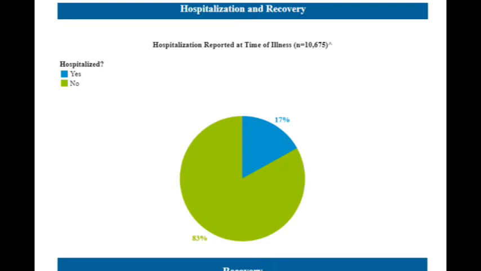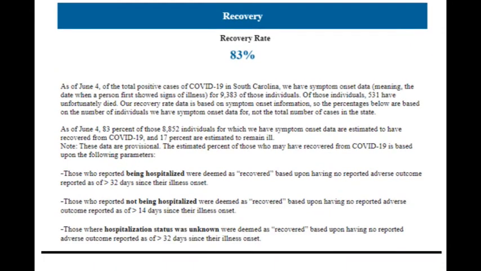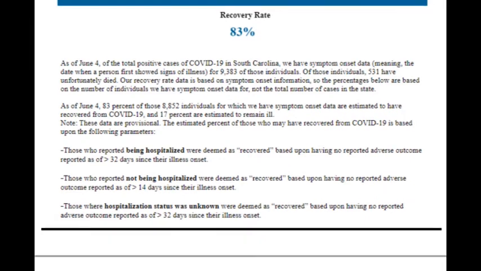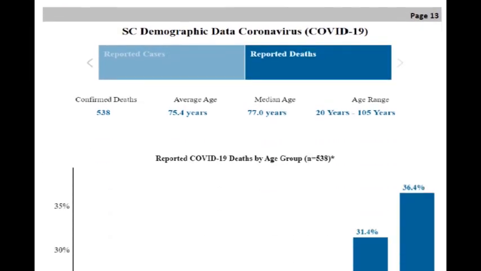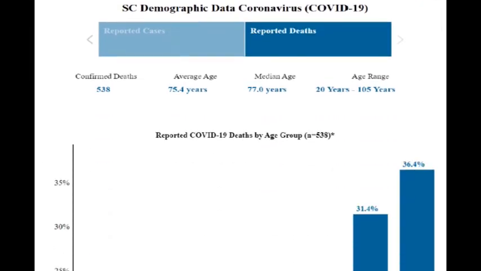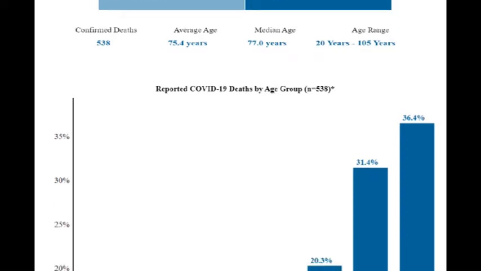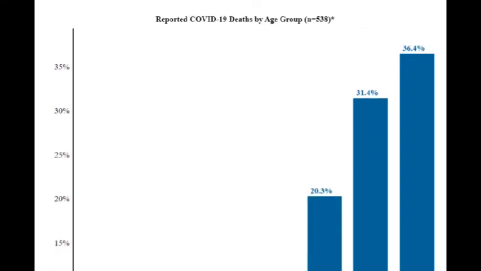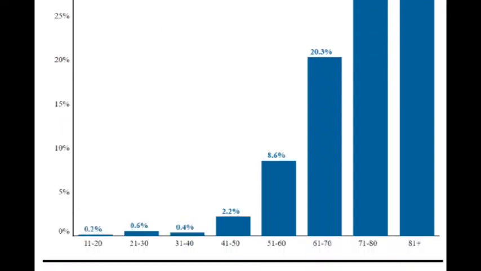The recovery rate in South Carolina, as of the last report, was 83%. DHEC also, on page 13, reports demographic data pertaining to deaths related to COVID-19, including by age group and race and gender.